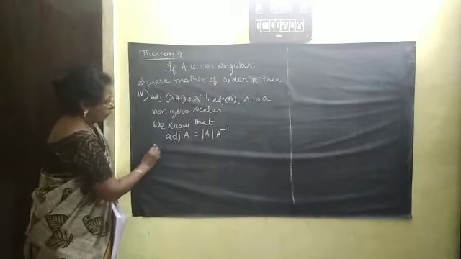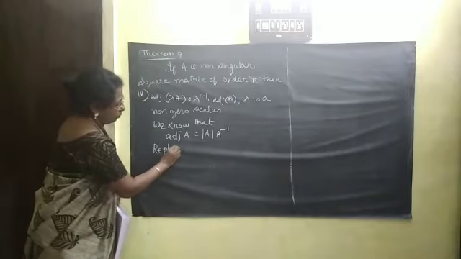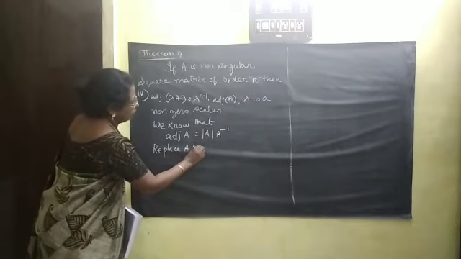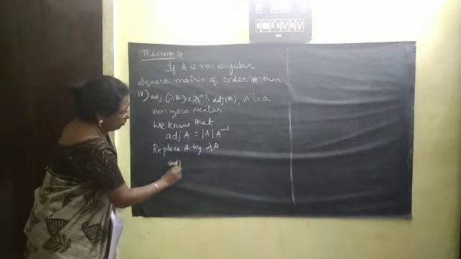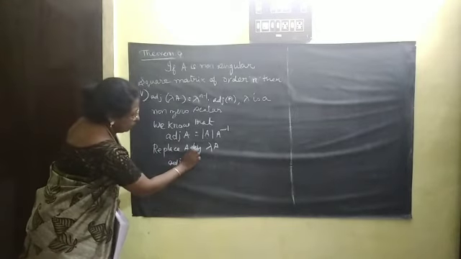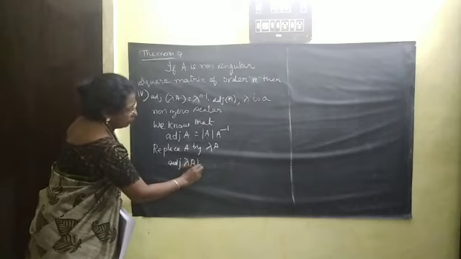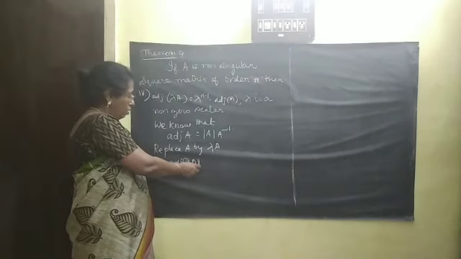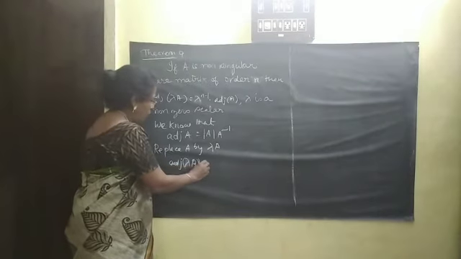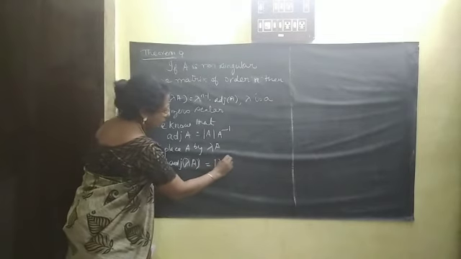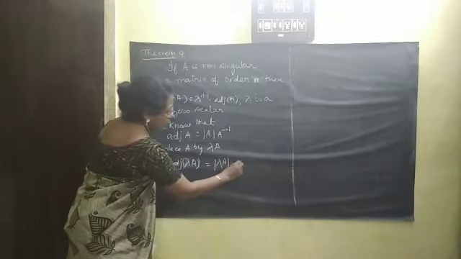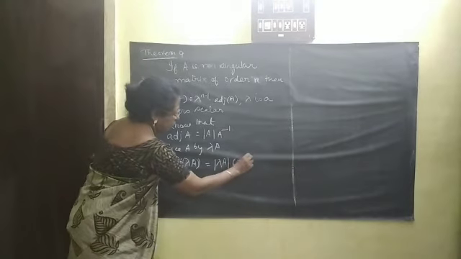Replace A by lambda A. So we get adjugate of lambda A is equal to determinant of lambda A into lambda A the whole inverse.